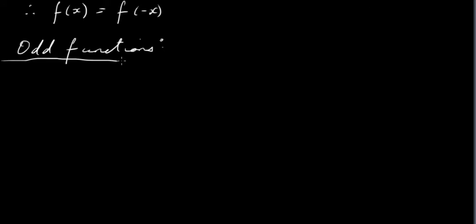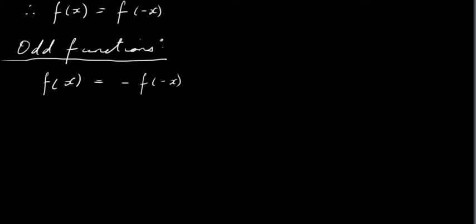Okay, so odd functions then, they have the definition that f of x is equal to minus f of minus x. So let's have a look at what that might look like.